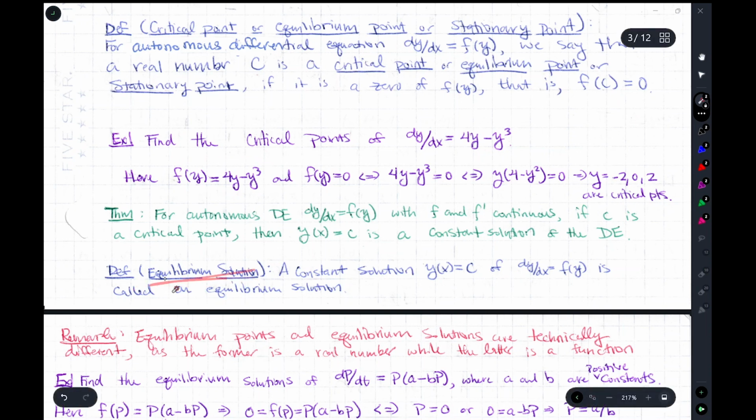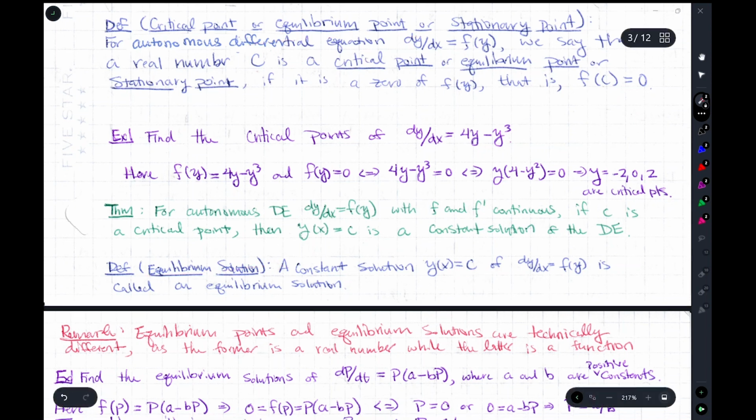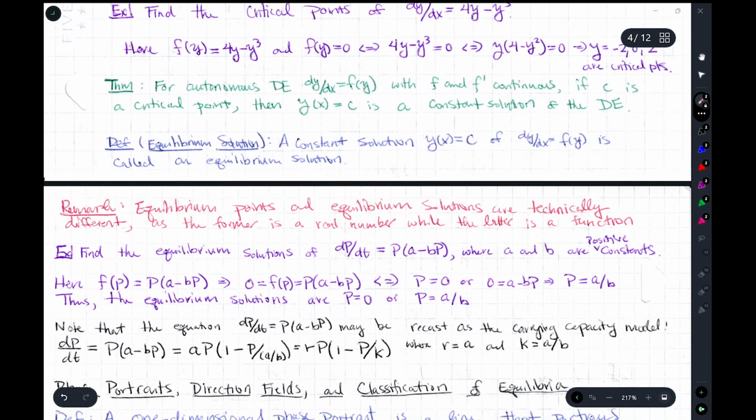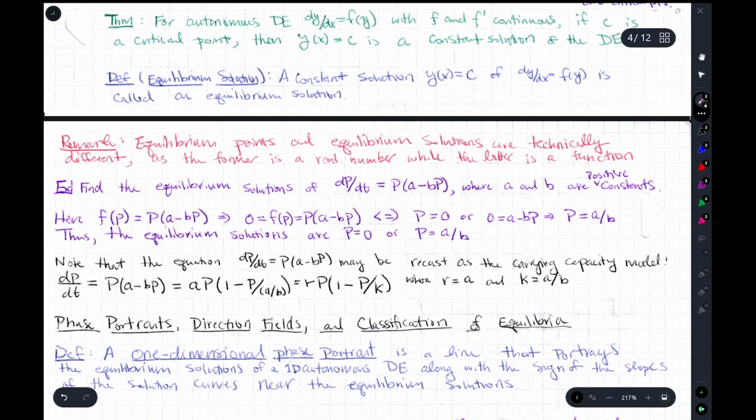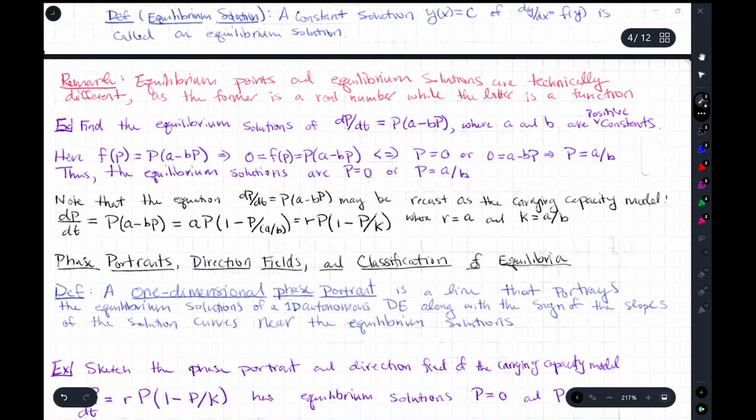So that's why there's also a difference between equilibrium solution, where here I emphasize this is y of x equals a constant. Even as it depends on the independent variable, for any independent variable x we put in, we'll get a constant y. So separate between equilibrium solution and equilibrium point. Remark: equilibrium points and equilibrium solutions are technically different, as the former is a real number while the latter is a function, which is what I'm saying up there.